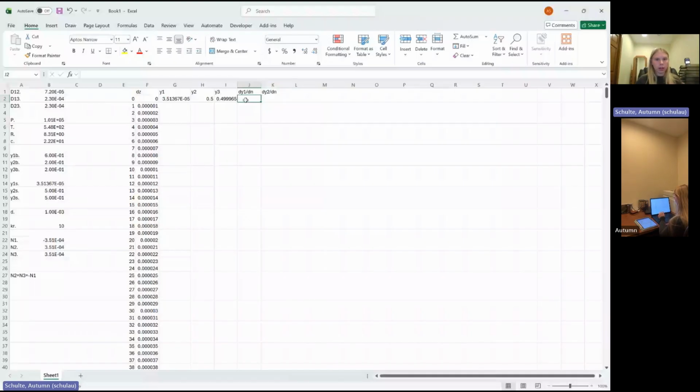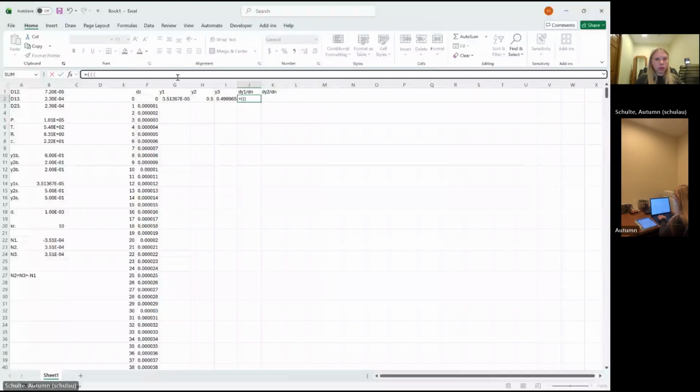So for the derivative of ethanol with respect to our scaled position, that is going to be equal to y1, so the mole fraction of our ethanol, multiplied by the molar flux of our acetaldehyde, and then you'll subtract this from the mole fraction of the acetaldehyde multiplied by the molar flux of the ethanol.